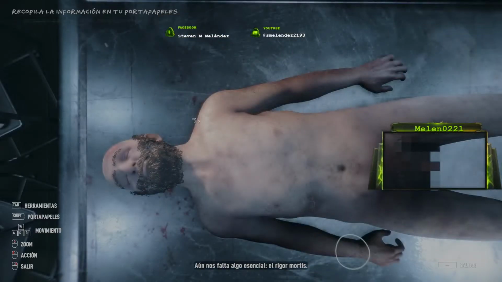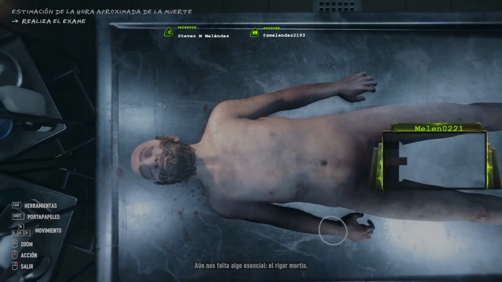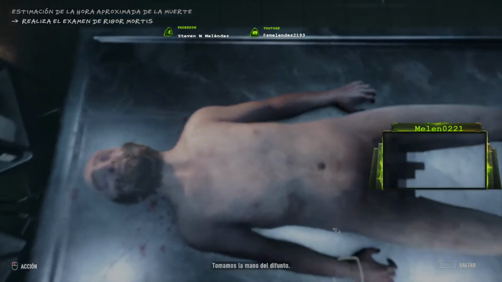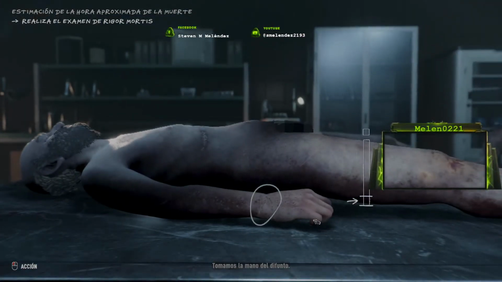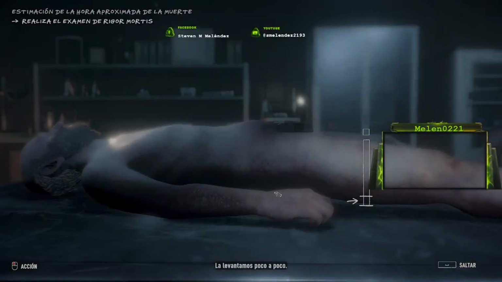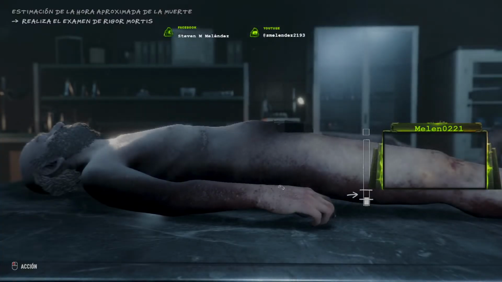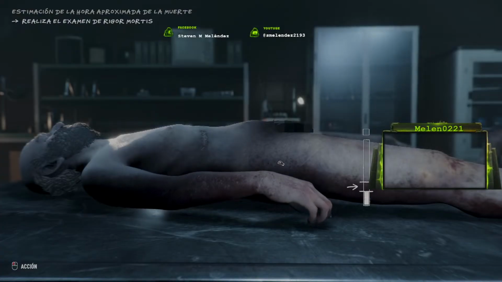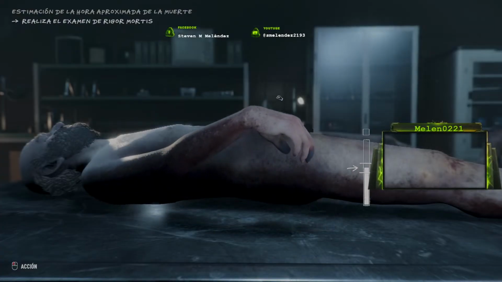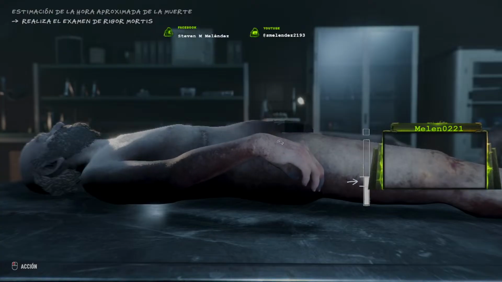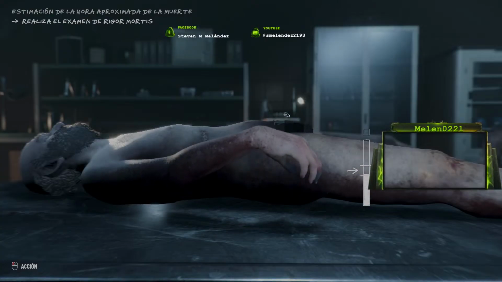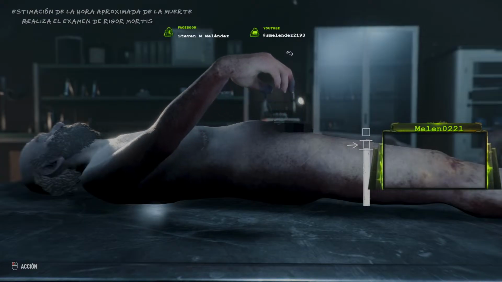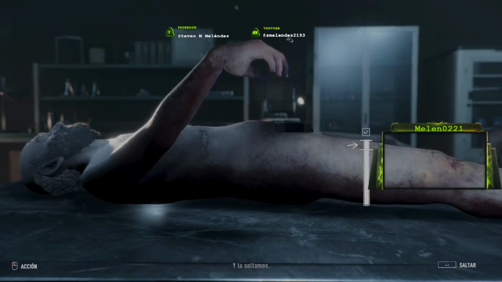We still have one thing left from the basics: rigor mortis. Well, we take our deceased by the hand, gradually we raise it, now let it go.